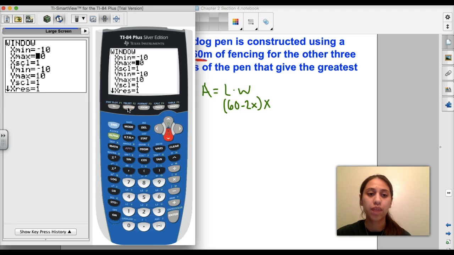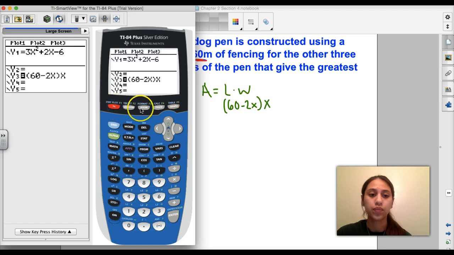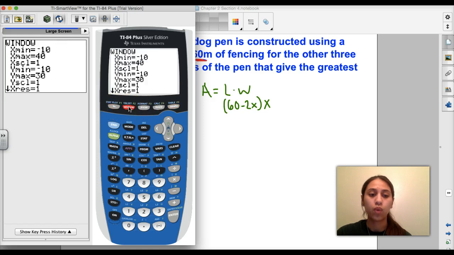If we change our x max to about 40, and maybe our y max to 30, and see what we get. Okay, still can't see much. So let's increase our y max. Window, y max, how about 40? Oh no, let's try 50.